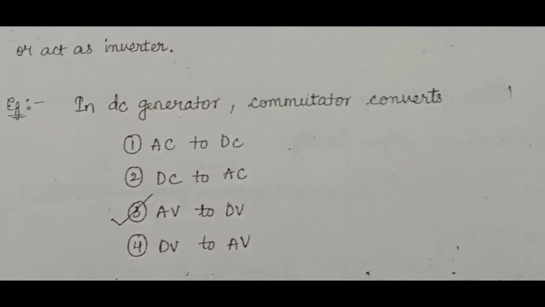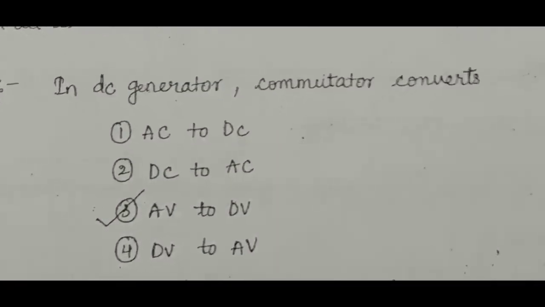So the second and fourth are clearly wrong, because the inside of the DC generator is AC, so we need AC to DC, not DC to AC. Option 1 says AC current to DC current, and the third is AC voltage to DC voltage. Here we should give more preference to the voltage, not the current. When an option with voltage is available, we should select AC voltage to DC voltage.